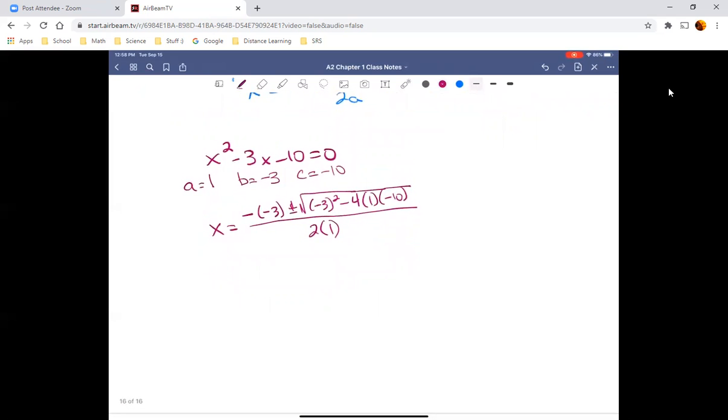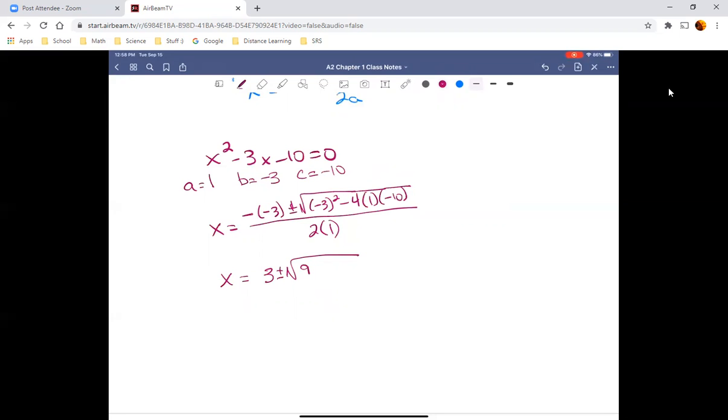All right, ready to start simplifying this down? What are we going to have out front? That -3, that's just going to give us 3, yep. Plus or minus the square root of, what's -3 squared? 9. Positive or negative? Positive, right?